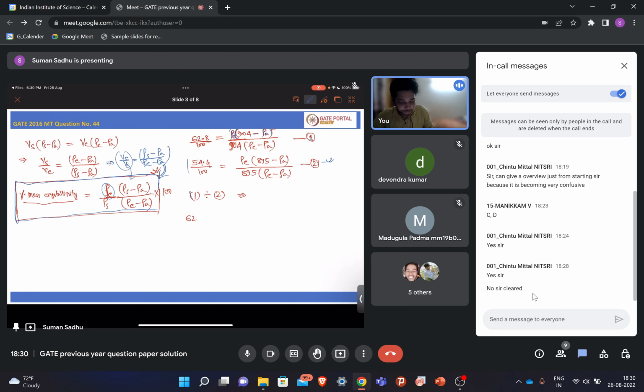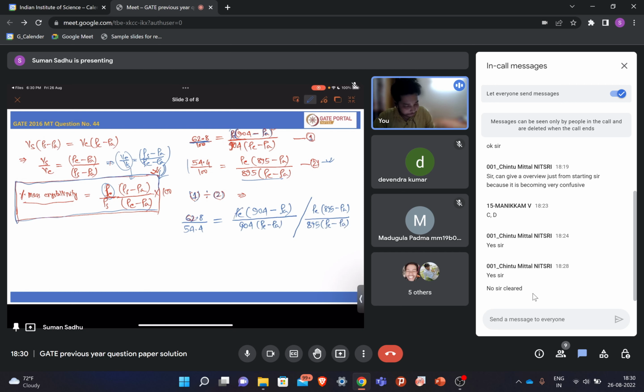So now if we simply divide equation 1 by equation 2, on the left hand side it will be 62.8 divided by 54.4, and the right hand side it will be rho c into (904 minus rho a) divided by 904 into (rho c minus rho a). This whole part will be divided by this one, rho c into (895 minus rho a) divided by 895 into (rho c minus rho a), right?